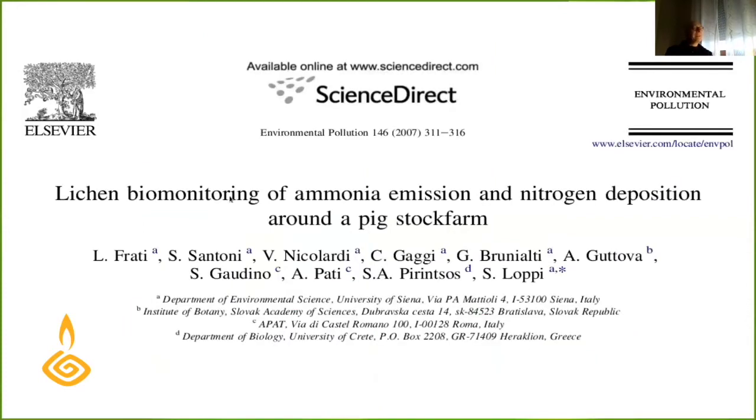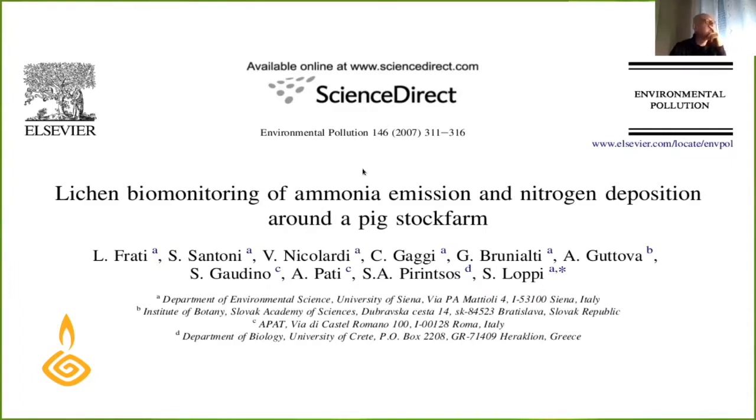And this is one paper by my group, which has become one of the most highly cited papers by Elsevier. We received an award for this. We have done a study around a pig stock farm about the effect of ammonia emission and nitrogen deposition on lichens.